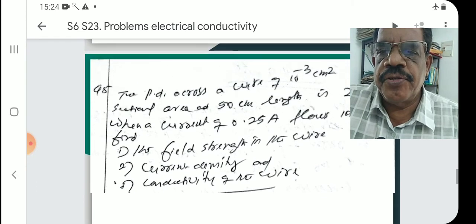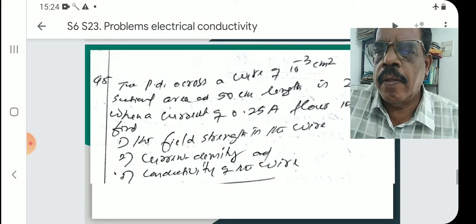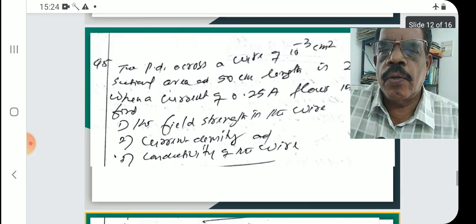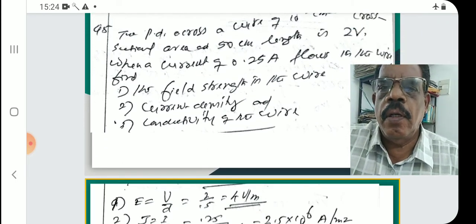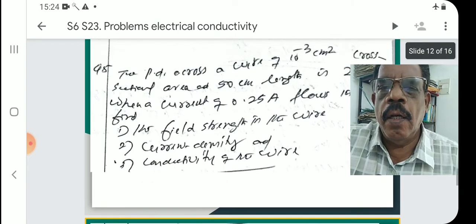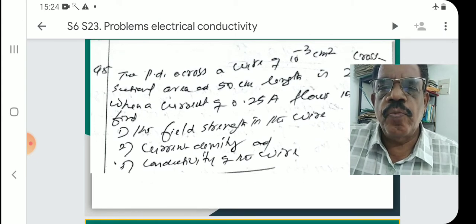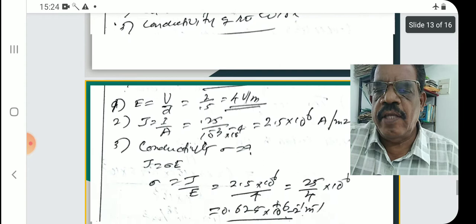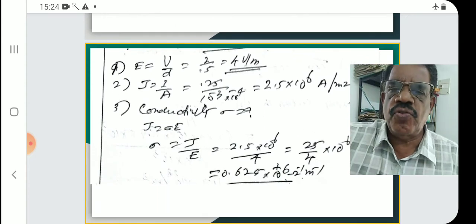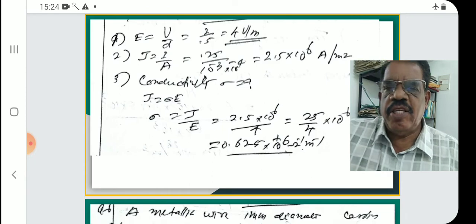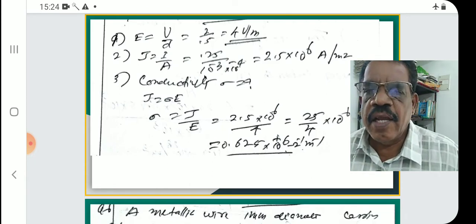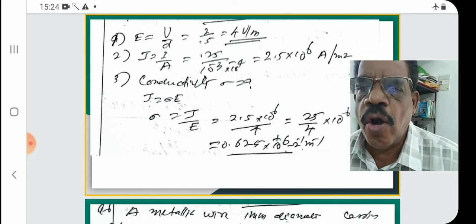Area is the cross-sectional area. Cross-sectional area is 10 raised to minus 3. So 10 raised to minus 3 centimeter square, we have to convert it into meter square. 1 centimeter square is 10 raised to minus 4 meter square. That is why 10 raised to minus 4 is coming in the denominator.